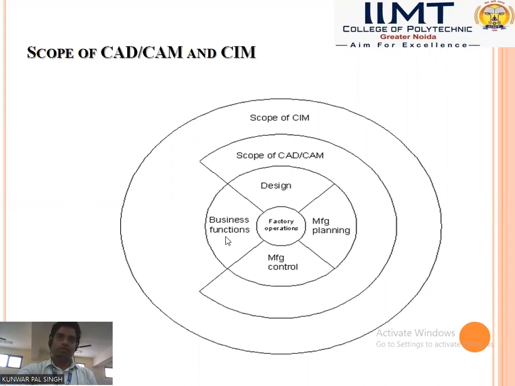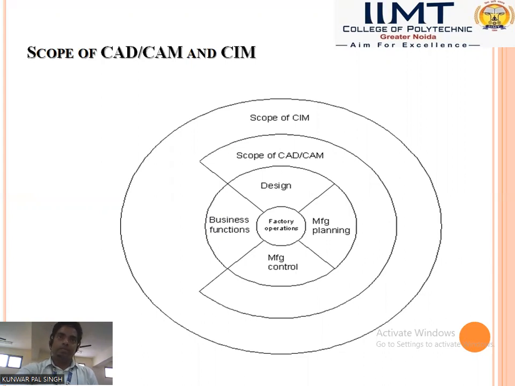So all this is done by the factory operations. The latter circle we have seen is the scope of CAD CAM. All the circles in the factory operations come under the scope of CAD and CAM.